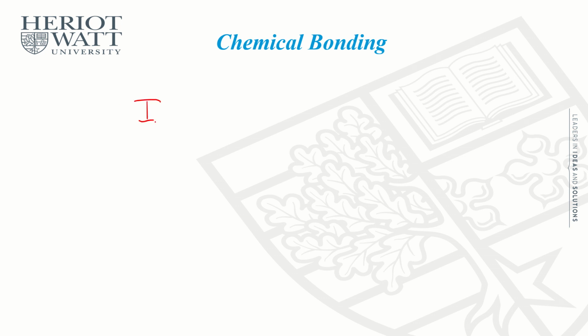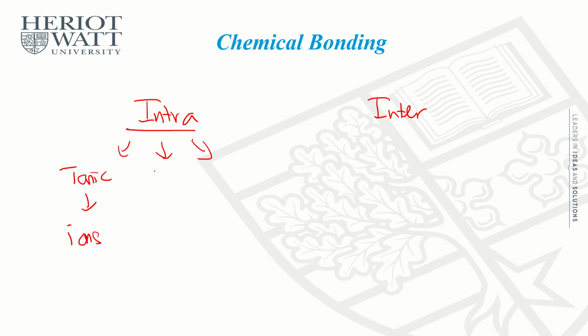First, we're going to talk about the difference between intramolecular and intermolecular. Intramolecular refers to three different forces of attraction. We have ionic, which is between ions, positive and negative ions. Then we have covalent bond, which is between non-metal atoms by sharing electrons.